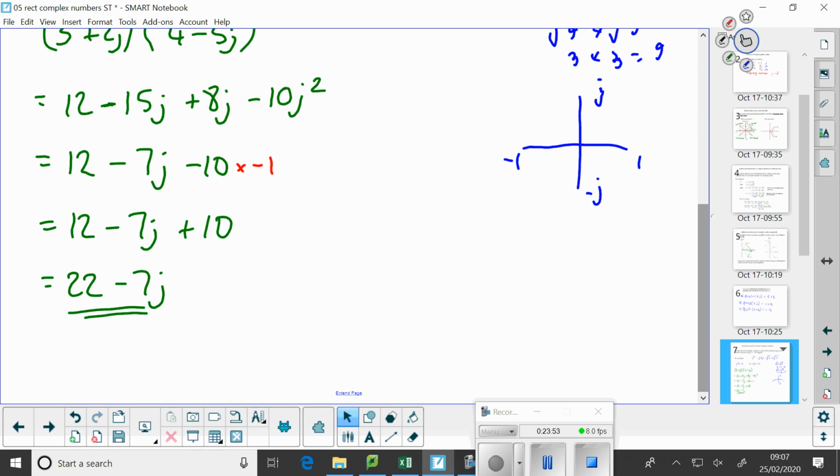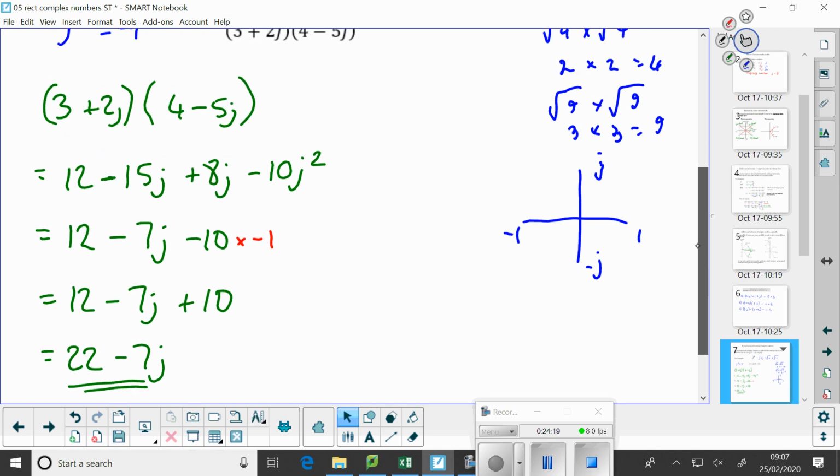So the j squared becomes a minus 1 and effectively changes the sign of this last constant. So it gets rid of the j squared part. So those two complex numbers multiplied together equal 22 minus 7j.